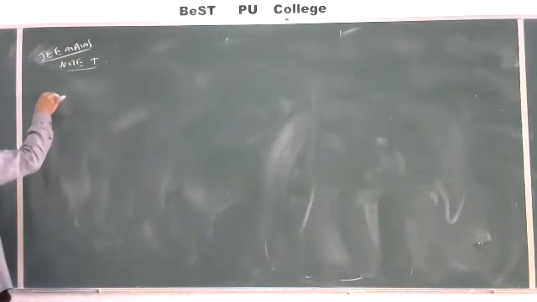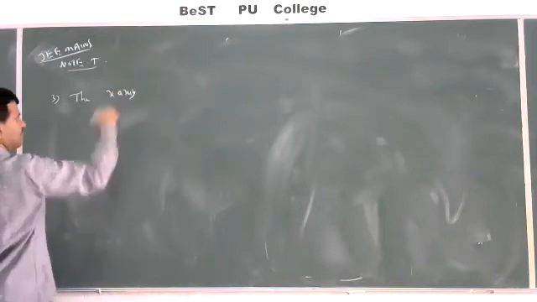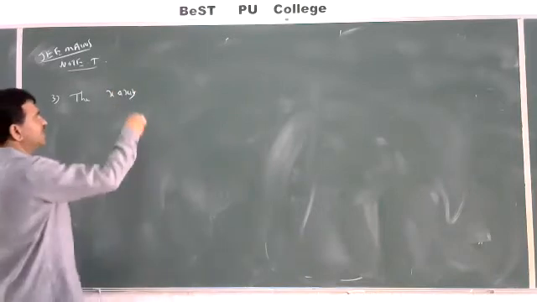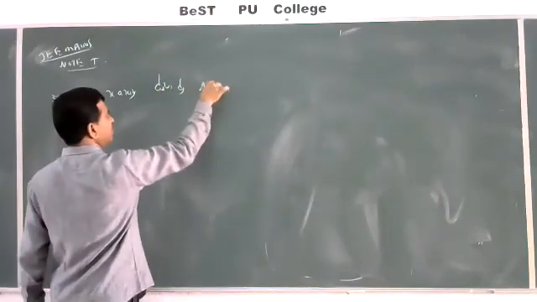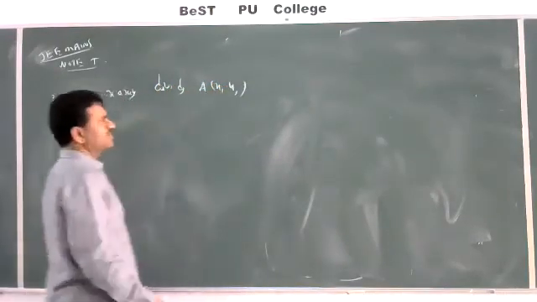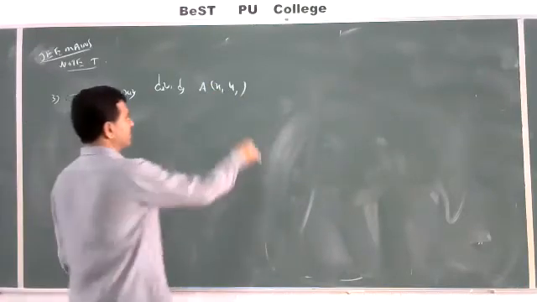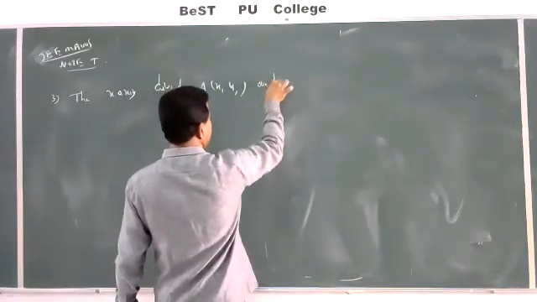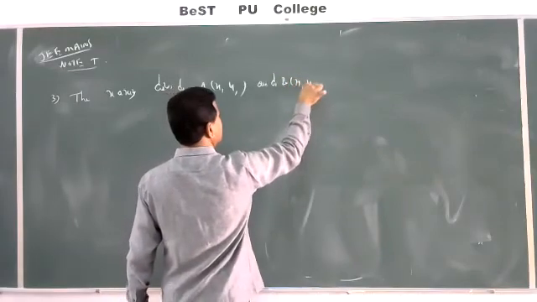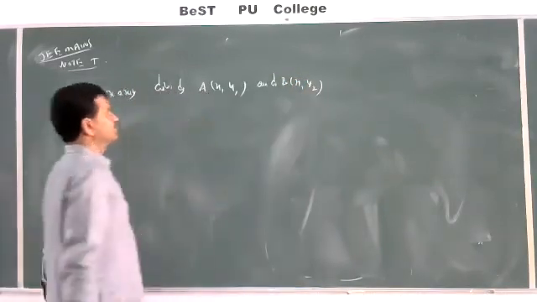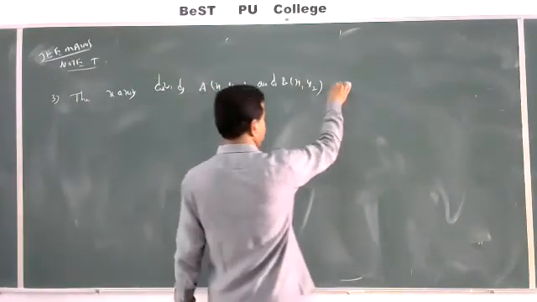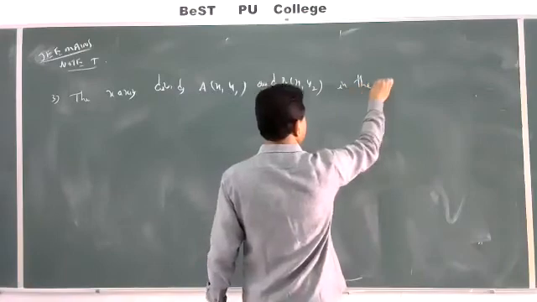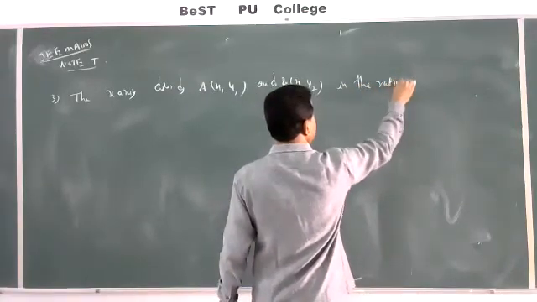Next point, third point. The x-axis divides A(x1, y1) and B(x2, y2) in the ratio... See the answer.